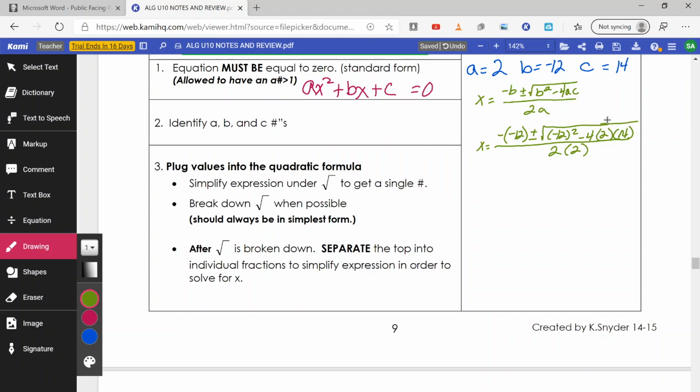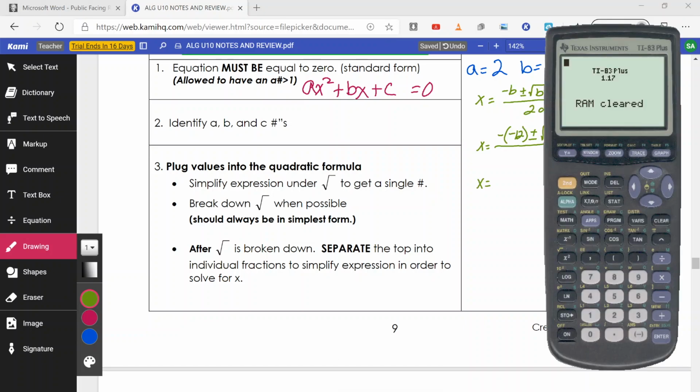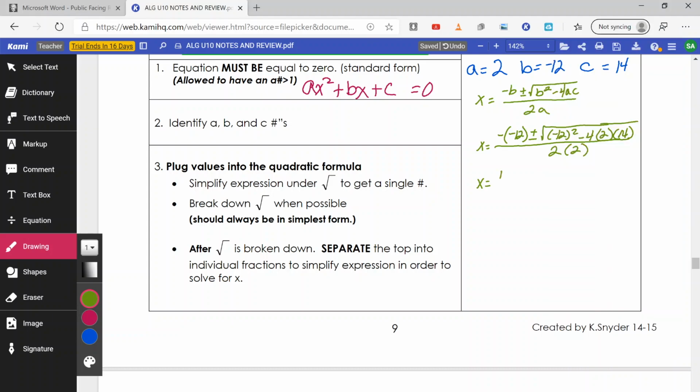And I'm going to go through and simplify each piece individually. So the negative value of negative 12 gives me positive 12. So we have 12 plus or minus the square root.